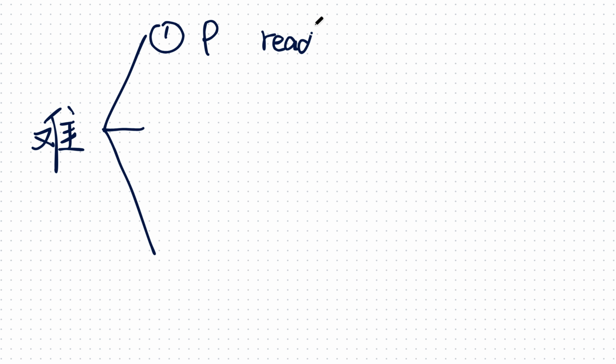Now, when you meet a character, you actually do three things here. First, it's pronunciation, how to read it. Second, it's shape, how it's written, how to write it.